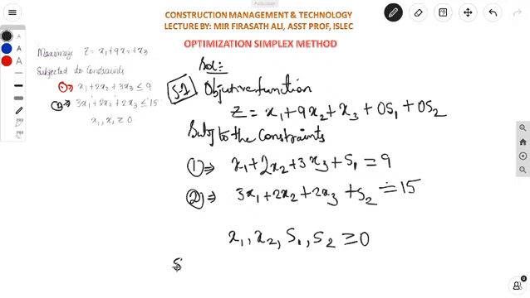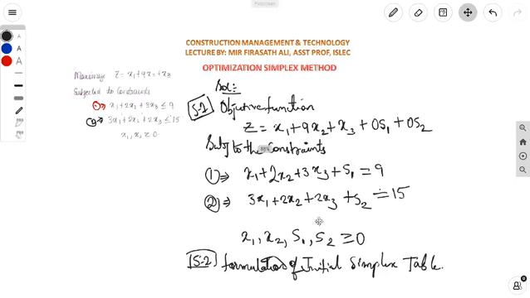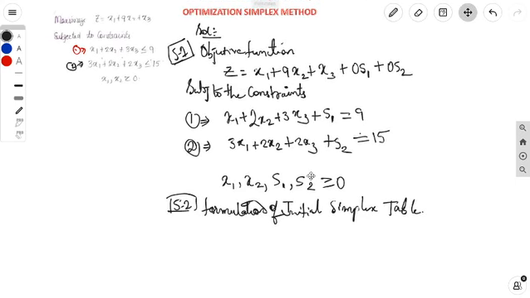Step 2, formulation of the initial simplex table. We know the format of the initial simplex table.